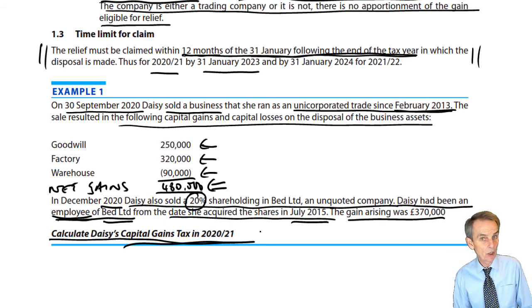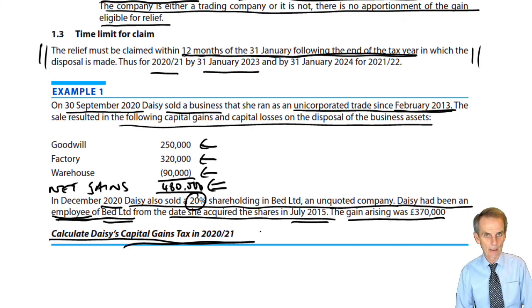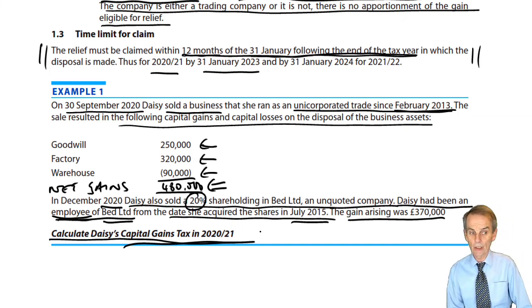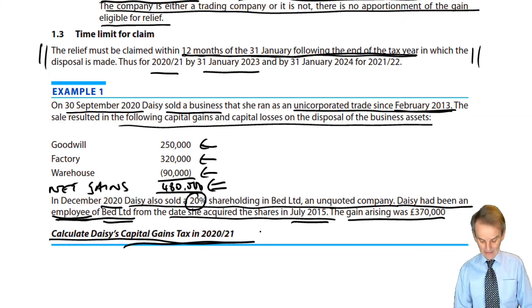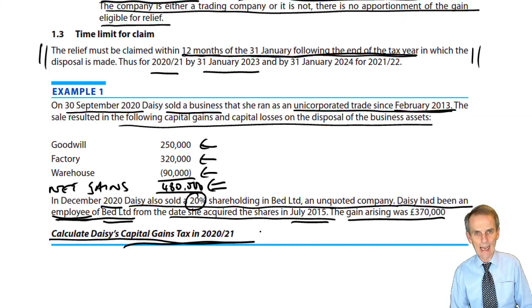The situation which is more interesting, and we'll deal with in our next session together, is where we have a mix of gains, some that qualify for the relief and other gains on other assets. And we have available losses, and of course we have available, as you would here, your AEA, and you've got to bring it all together to work out that CGT liability. But I'd like you to have a quick go at that.